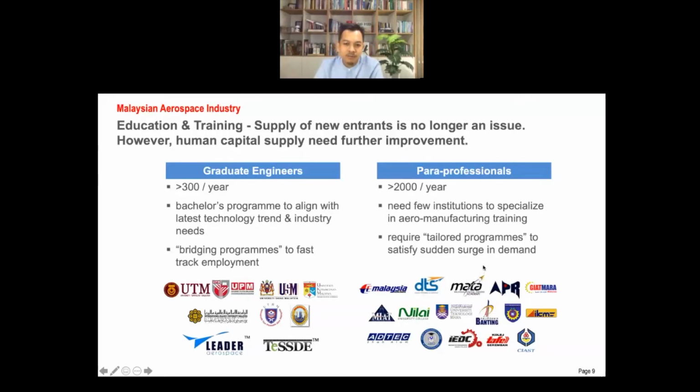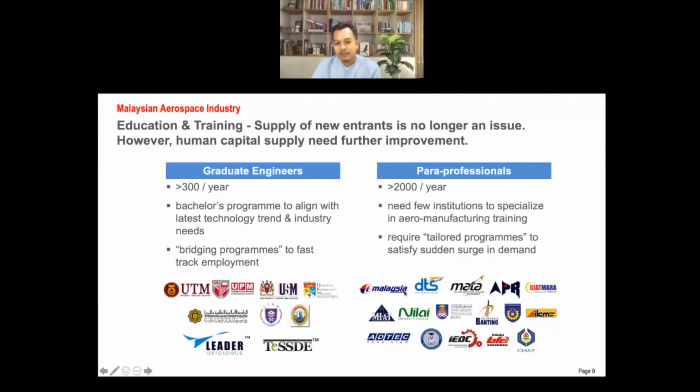At the same time, there are programs related to certification, like the licensed aircraft maintenance program at the technician level and at the engineers level as well. So we have so many players here.